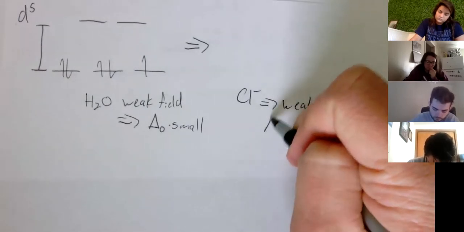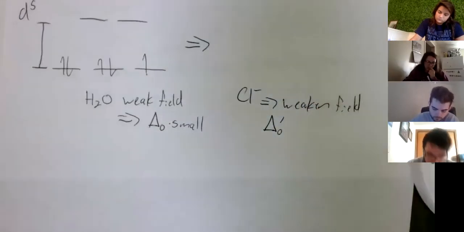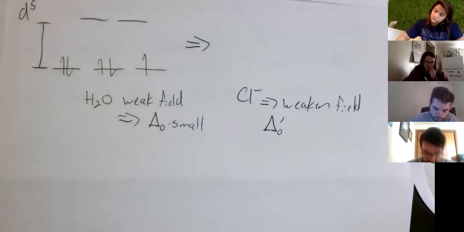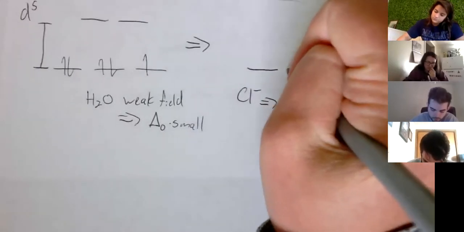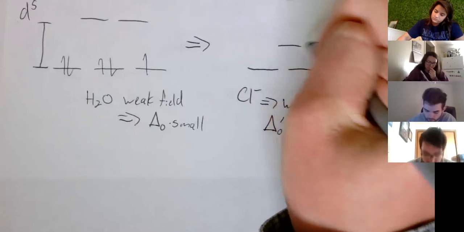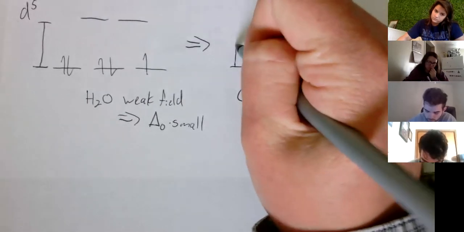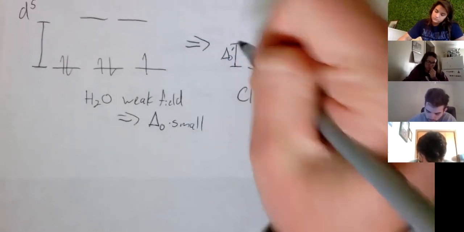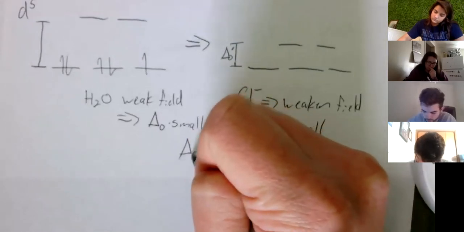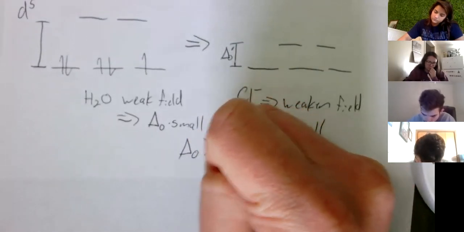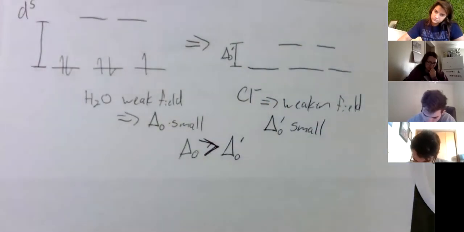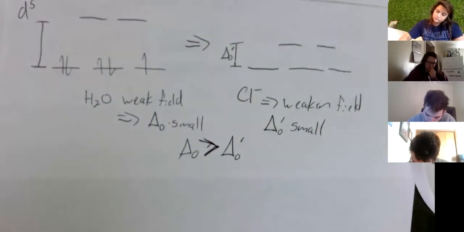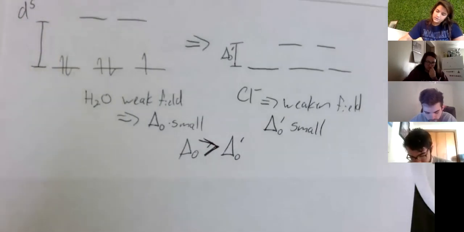So what does that mean? Delta O prime is even smaller. Yep, also small. But in that case, delta O prime is going to get smaller, right? Yeah. Delta O is greater than delta O prime. So therefore it's a redshift.